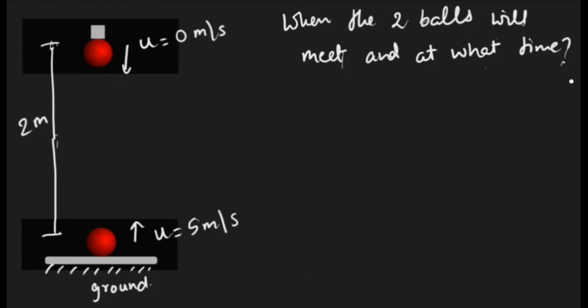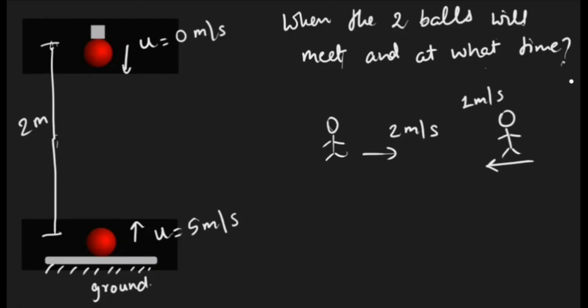Here is how we can use the relativity concept. First, let's understand what we mean by relativity. For example, there is one guy moving in this direction with 2 meter per second, and his friend is jogging in the other direction with 1 meter per second. Consider this as person A and this as person B. What will be the velocity of B with respect to A?